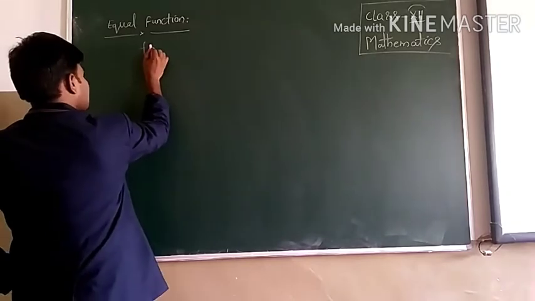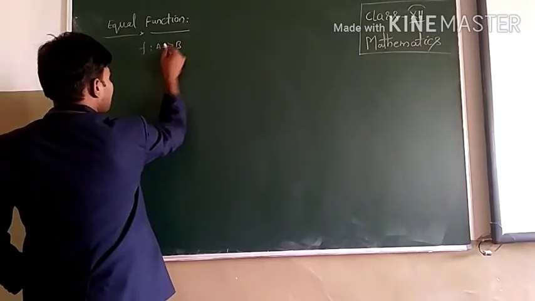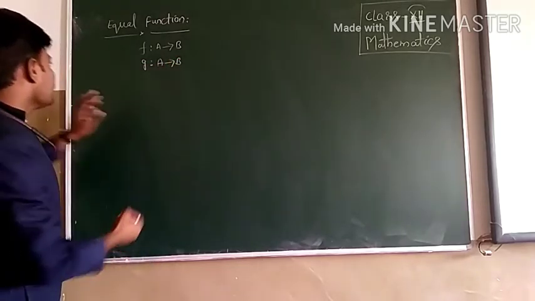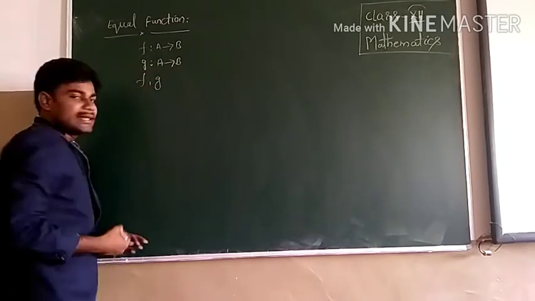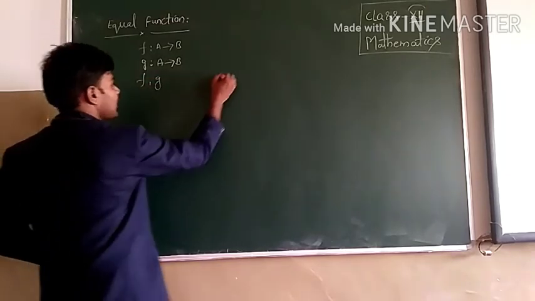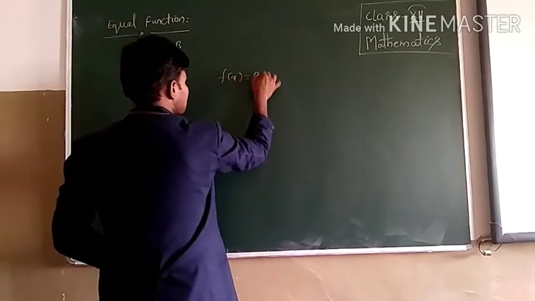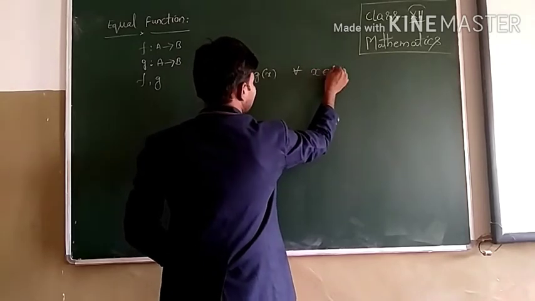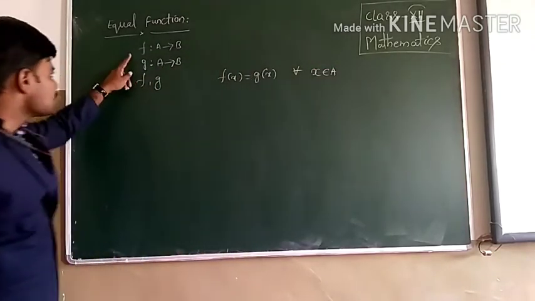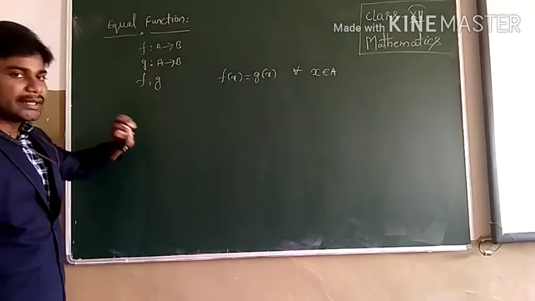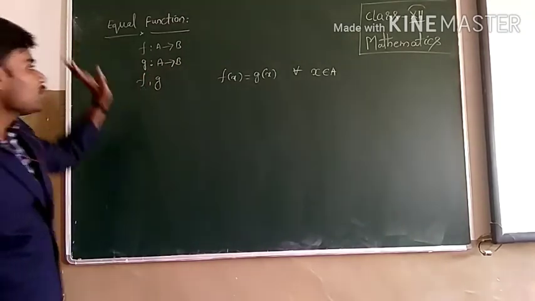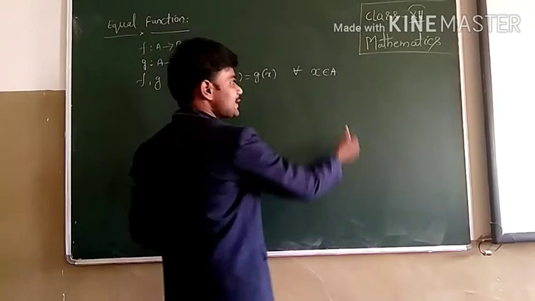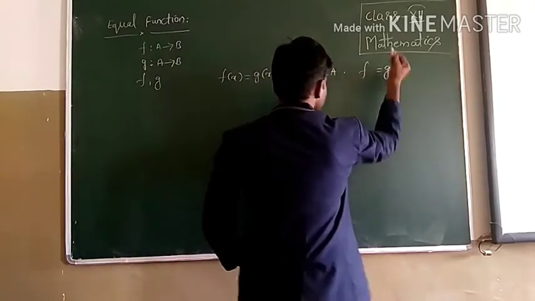If function f is defined from A to B and function g is defined from A to B, f and g are said to be equal functions if f of x is equal to g of x for all x belonging to A. Right? In this case, we can write f is equal to g.